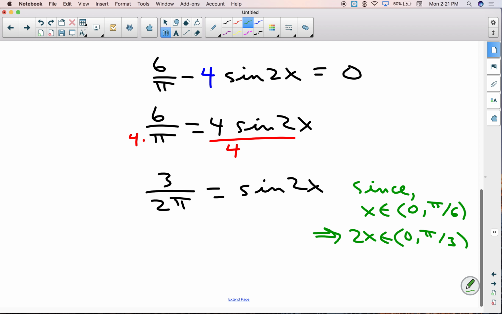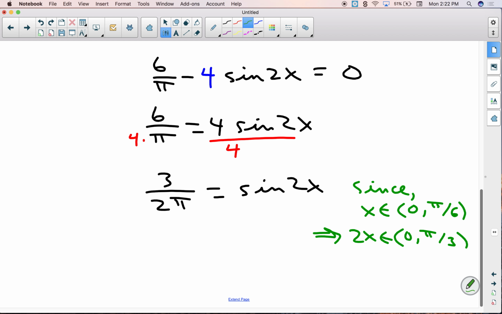Because of the 2 on the x, the initial search is going to be over an interval twice as large as the original interval. The 2 in sine 2x compresses the sine graph, so you potentially have twice the amount of solutions.